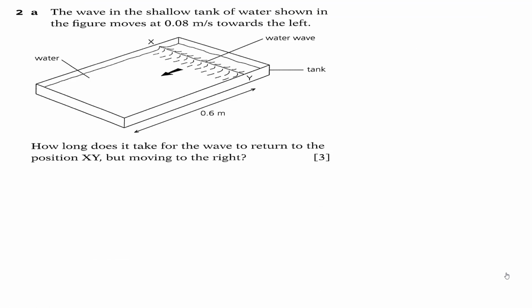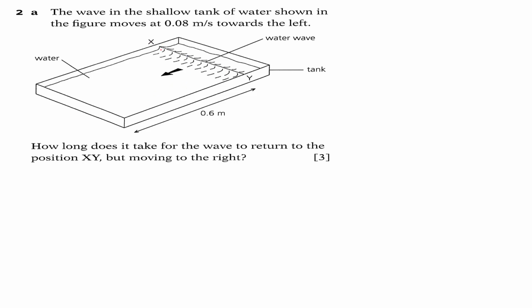Question 2a. The wave in the shallow tank of water shown in the figure moves at 0.08 meter per second towards the left. How long does it take for the wave to return to the position XY but moving to the right? Here, as you can see, this tank has water in it, and there is a wave.